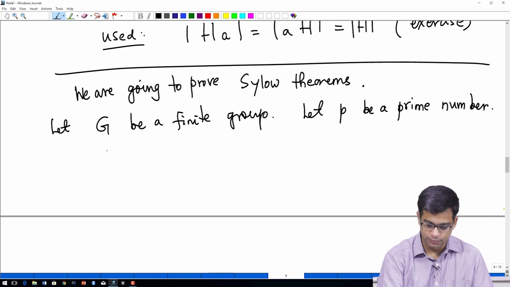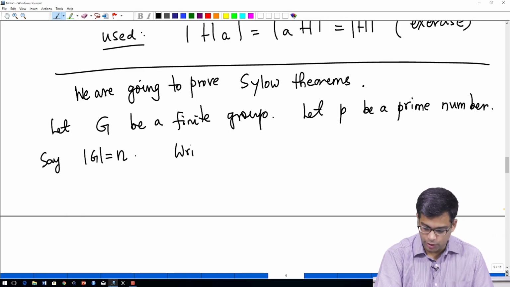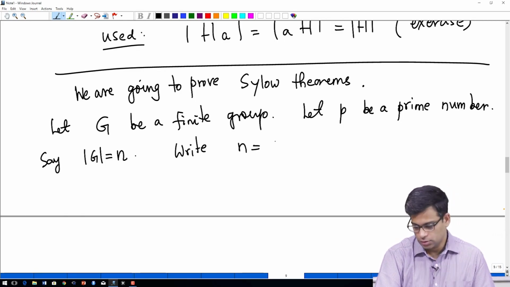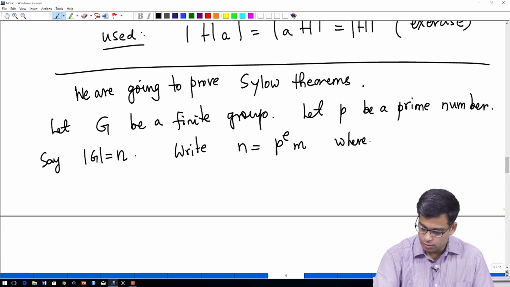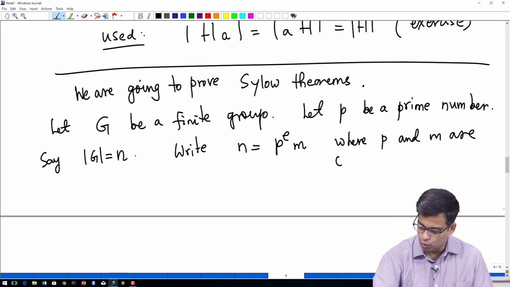So we are going to write, suppose the order of G is n. So we are going to write n as P^e times m, where P and m are co-prime.